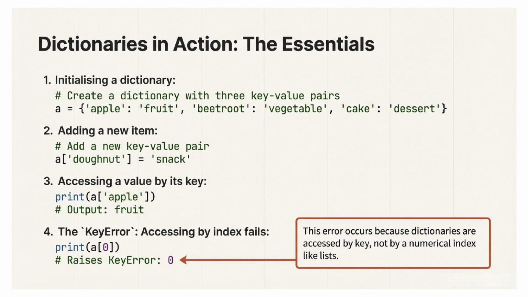If you try to access a dictionary using a number or a key that doesn't exist, Python raises an error. This reinforces the idea that dictionaries are key-based, not position-based. These fundamentals are critical because dictionary comprehension will automate the same operations, just in a more compact and expressive form.